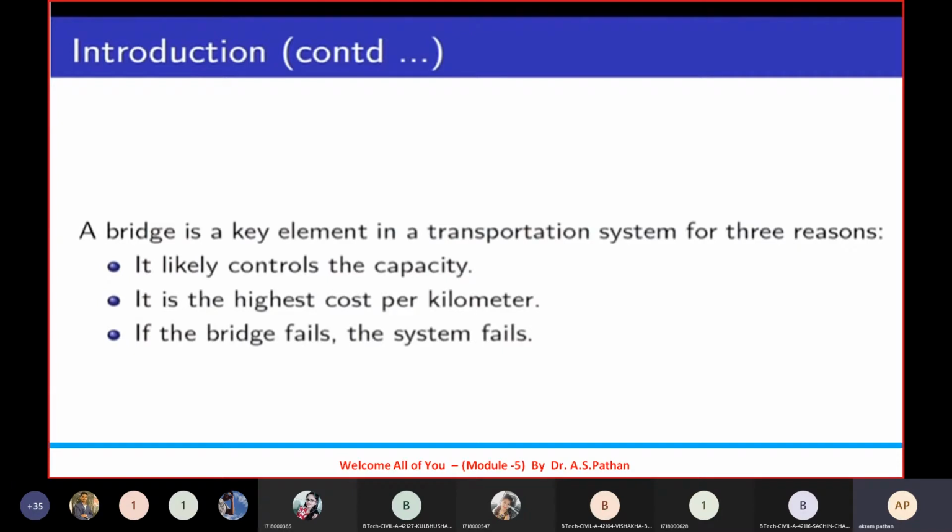So such control of capacity is possible with the help of bridges.